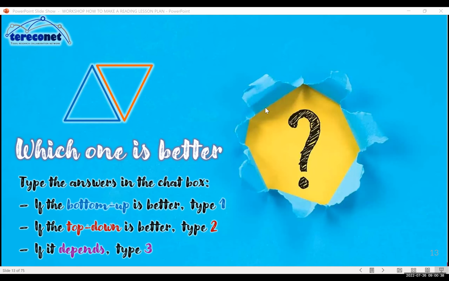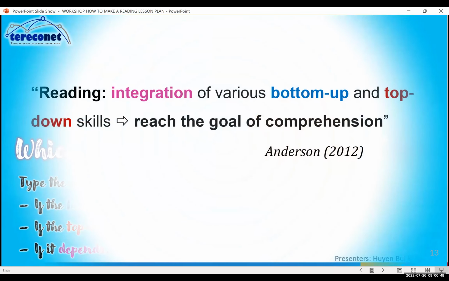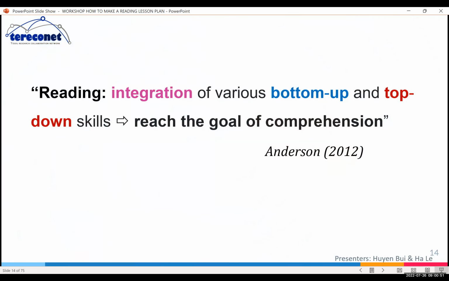So in our teaching, depending on the level of the student, the objective, or the learning outcome on that day, and the topic on that day, we should integrate the bottom up and top down skills so that we can reach the goal of comprehension.